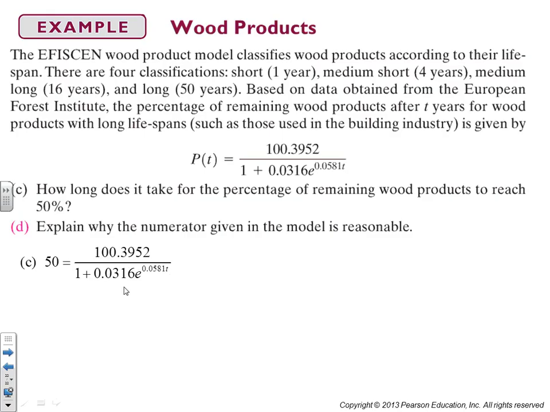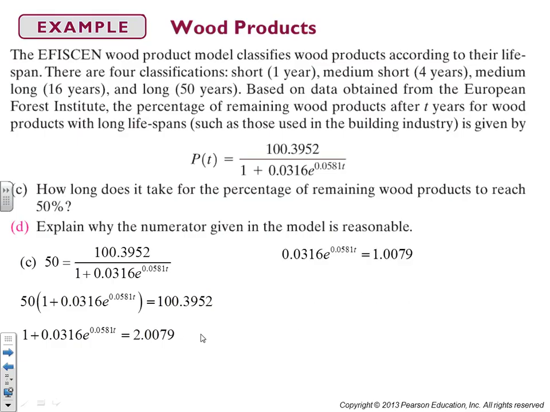Times both sides by the denominator. Divide by 50. Subtract 1. Divide by 0.316. Take the natural log of both sides and divide that by 0.0581. We find that it's 59.6 years. Half of it will be remaining.